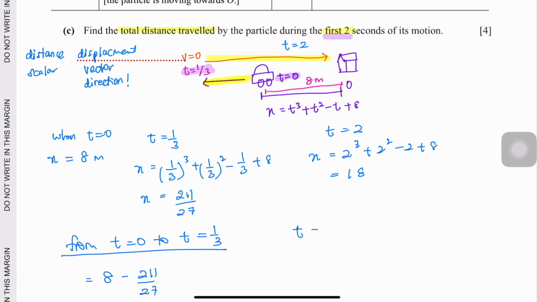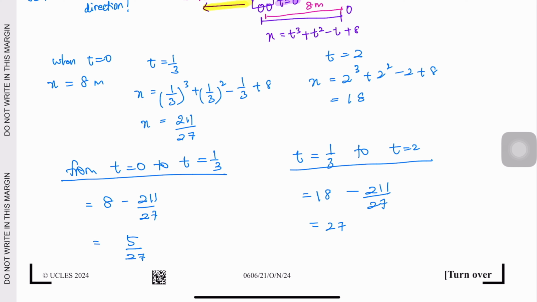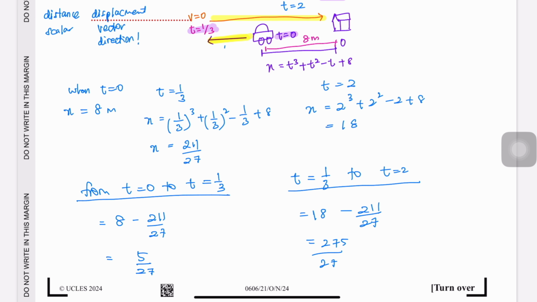From t equal to 1/3 to t equal to 2, 18 minus 211/27 gives 275/27. To get the total distance, if this is 5/27 and this is 275/27, we just need to add them up.